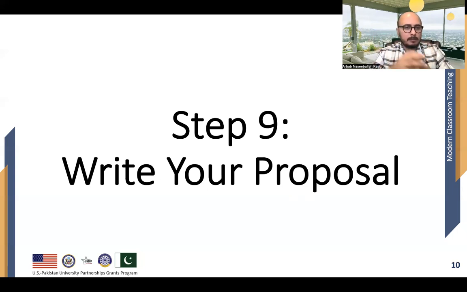And when it comes to writing your proposal, now it is the stage when you will start writing, and later on we will organize and put them together in different sections. We will discuss it in step number 10. But here, we will be planning how you are going to write your proposal or your grant.